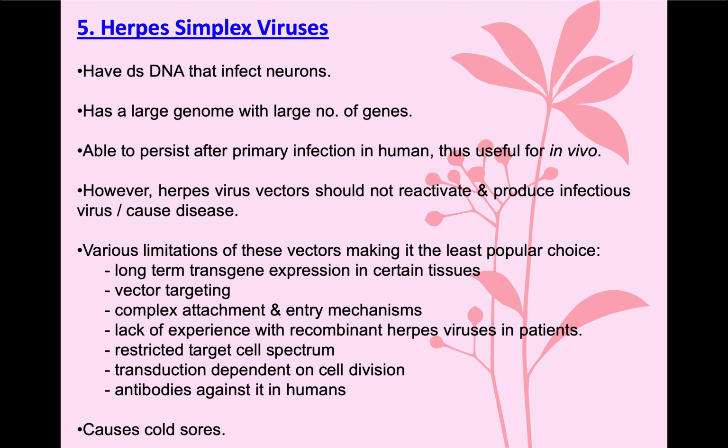But of course it has a disadvantage: the herpes virus vectors should not be reactivated and produce infection, because it could produce infectious virus or cause other diseases, for example cold sore. So there are various limitations to this vector, making it the least popular choice, because in nature itself it has infected a lot of people.